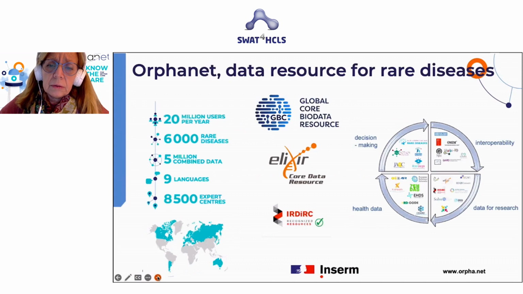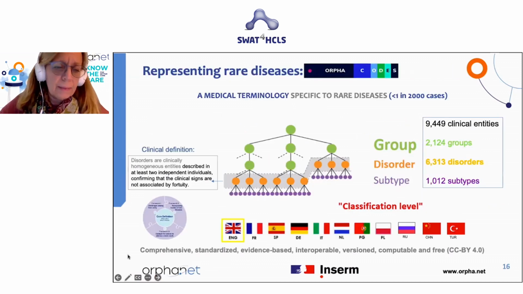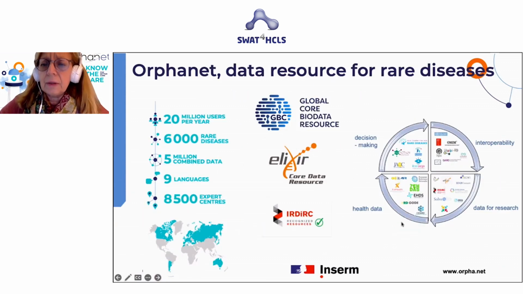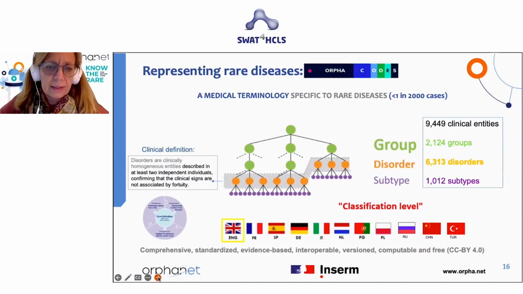So on reuse of data for decision-making, on interoperability, on health data, on data for research. As Marco said before, it's a major resource that is instrumental for other consortia or groups of people to use for their own research and to make progress in all the different aspects and dimensions of rare diseases.